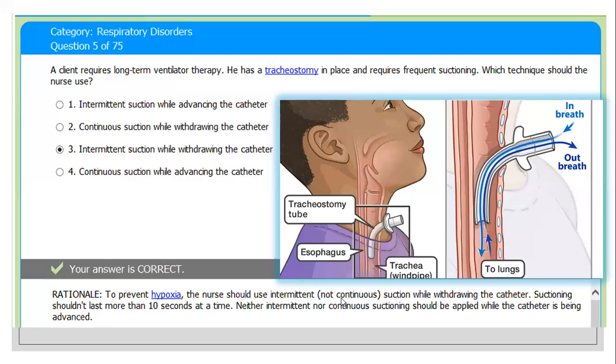If you use continuous, it leads to hypoxia, meaning less oxygen in the blood or tissue. Suction should not last more than 10 seconds at a time. Neither intermittent nor continuous suctioning should be applied while the catheter is being advanced.